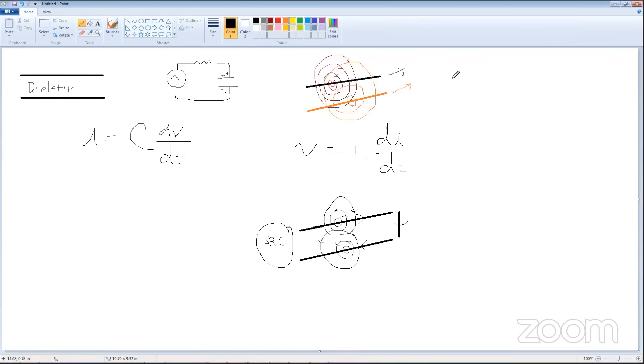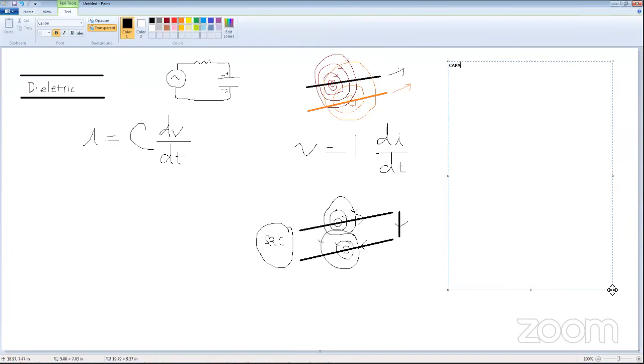Okay, for capacitors, I'm going to use a text command. Capacitors resist changes in voltage.